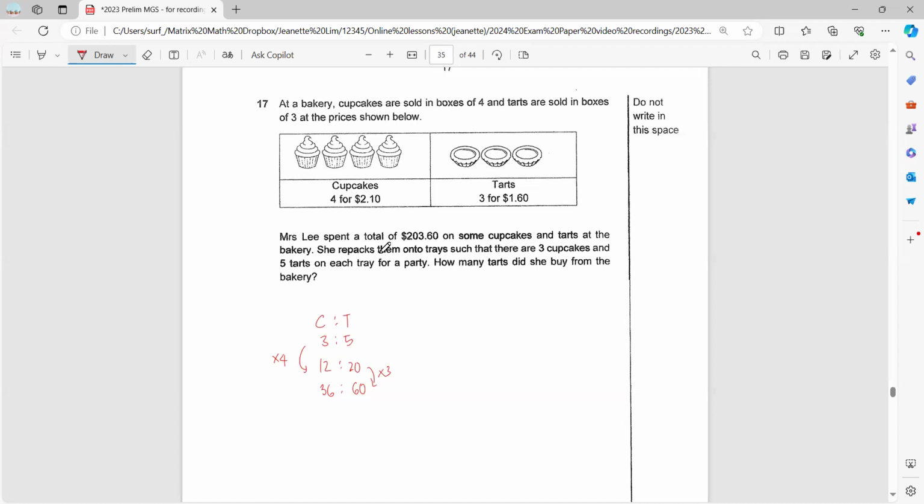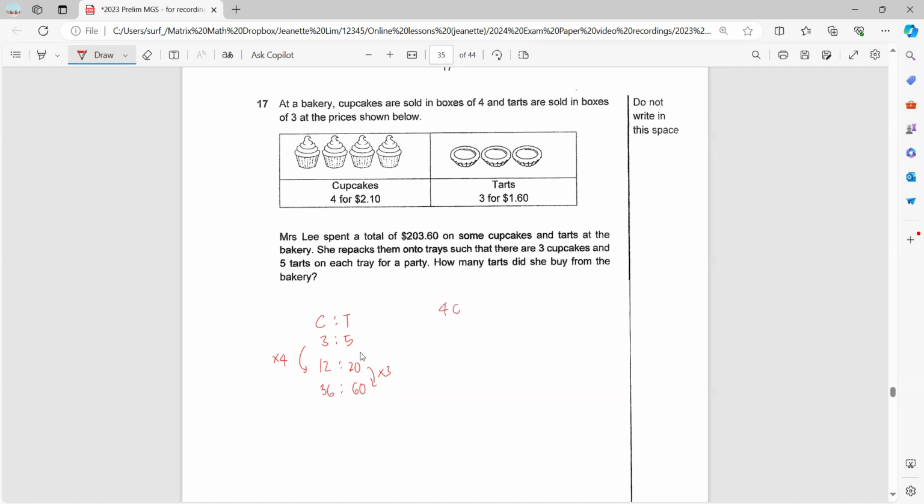Okay, we have satisfied all of that. Now, the next thing that we need to satisfy is this amount. We need to calculate how much this is. Assuming this is the lowest possible combination that we can have, how much money would 36 cupcakes and 60 tarts cost?